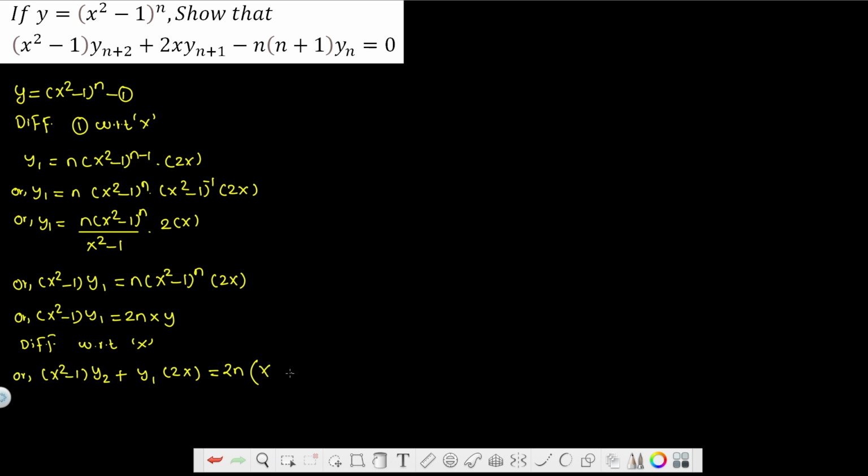Keep x as it is, and the derivative of y will be y1, plus keep y as it is, and the derivative of x will be 1, so we can just write y. Or (x square minus 1) y2 plus 2x y1 equals, now distribute 2n to the bracket, 2n y plus 2n x y1. Now after this step, we are ready to use the Leibniz theorem.